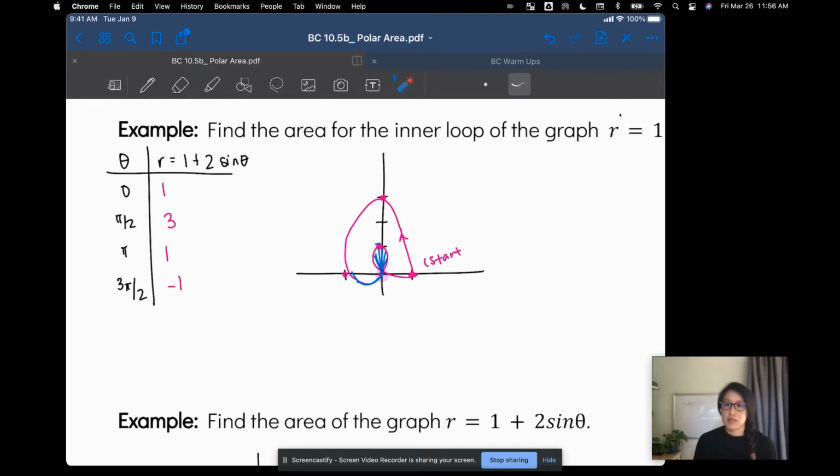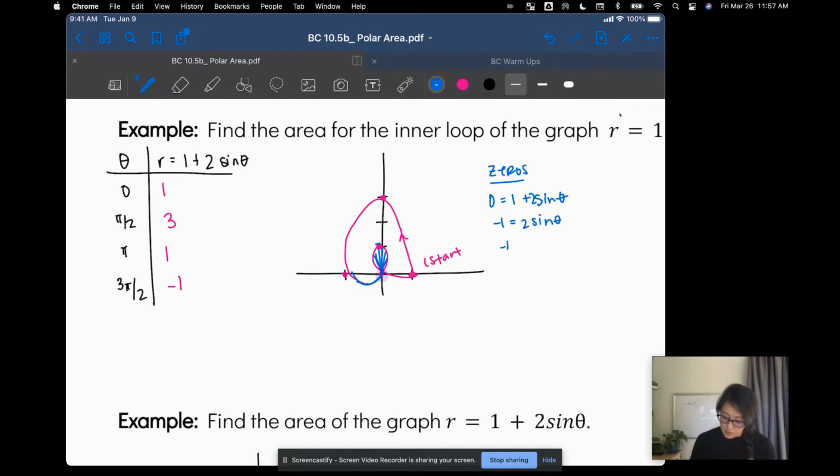So finding the values of the zeros tells me what the bounds are going to be for the area of my inner loop. So the zeros: I have 0 is equal to 1 plus 2 sine theta. Okay, so subtract 1 to give me negative 1 equals 2 sine theta.